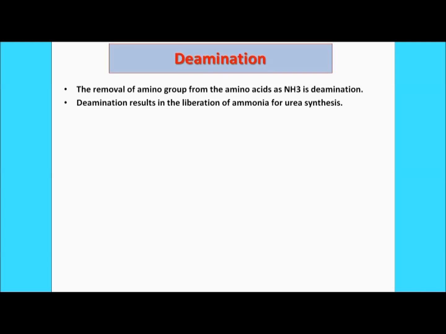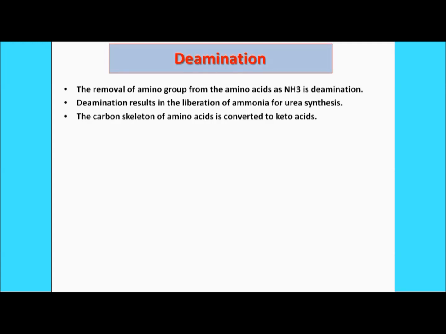Afterwards, after the process of deamination, the ammonia will be released and it will be used for synthesis of urea in the human body, and the carbon skeleton of the amino acid is converted to the keto acid. So whatever the skeleton, suppose for an aromatic amino acid you will have an aromatic carbon skeleton, for an aliphatic amino acid you will have an aliphatic carbon skeleton.